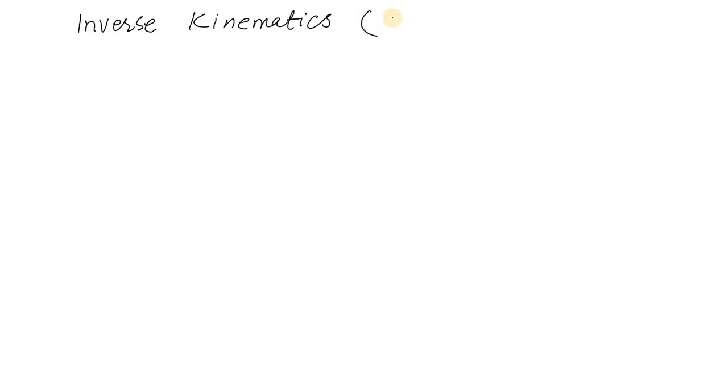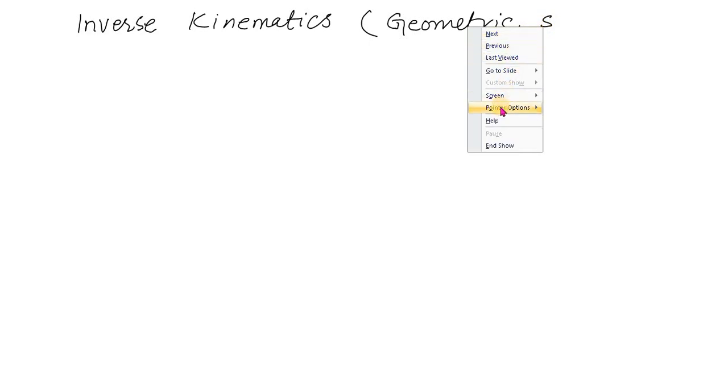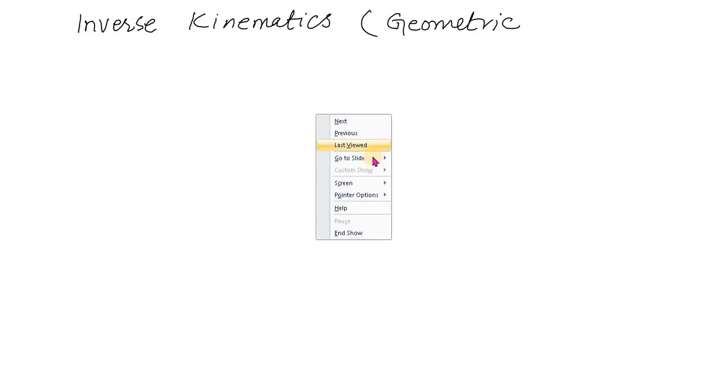And keep in mind, this is a geometric solution, or you can say geometric method to find the solution.